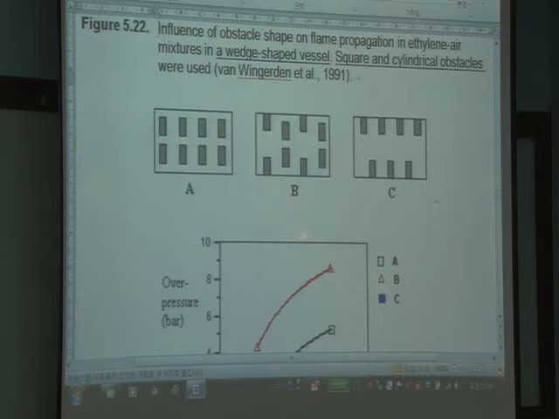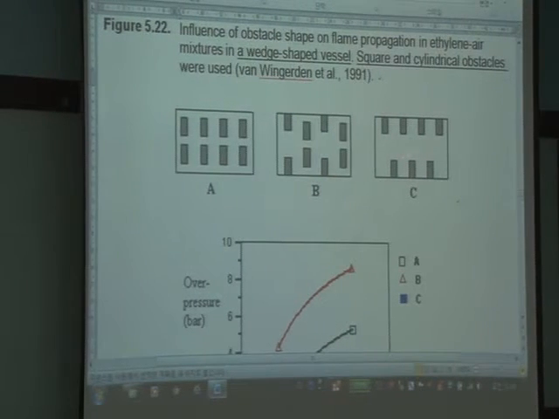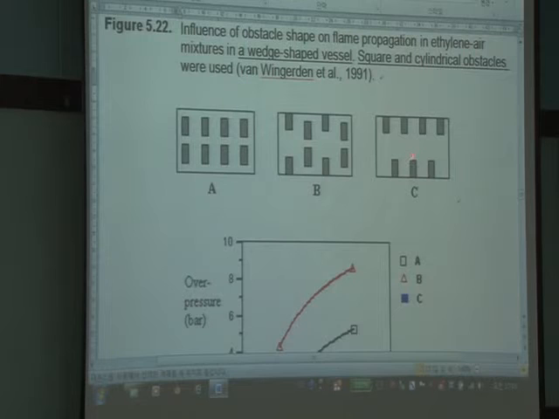Then without looking at the relative velocity, you can tell this will have less overpressure, because the mixture can just go through here. But this generates a really high pressure, and this will generate a high pressure.